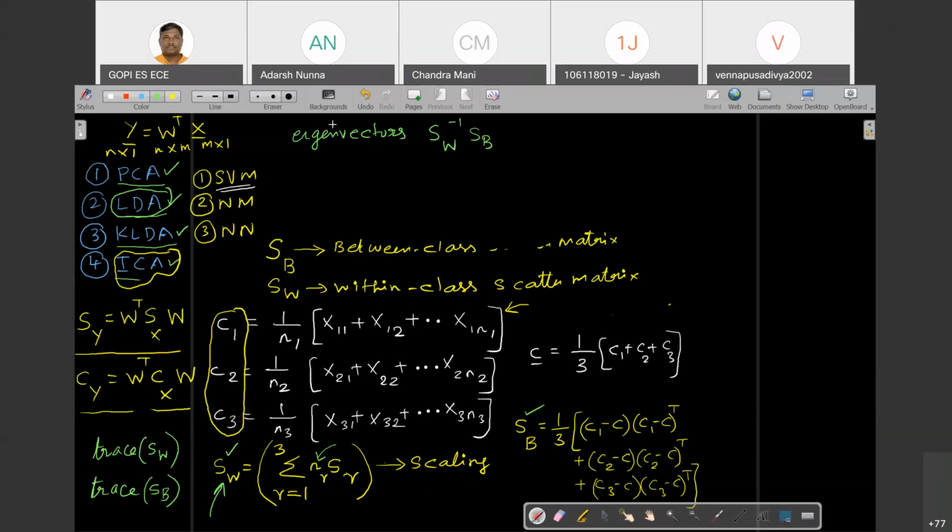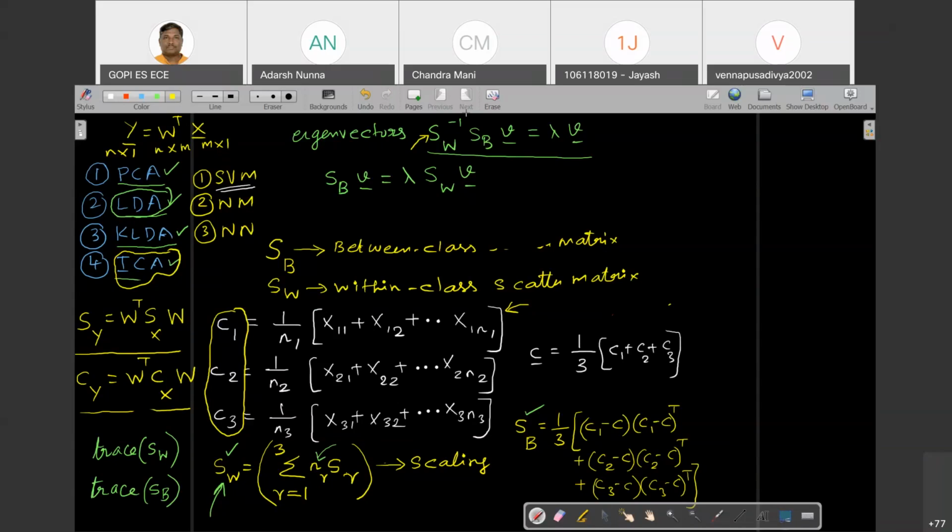As usual, the eigenvector equation is SW inverse SB times V equals lambda times V. In fact, we will write this in a different form: SB V is lambda times SW V. This is a better way of writing it. Because after computing SW, there may be a chance that it is not invertible. That is an important problem in LDA.